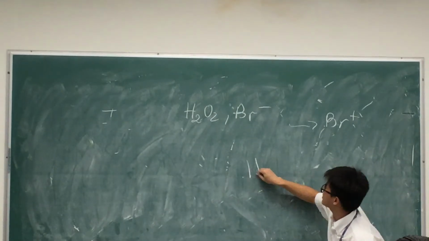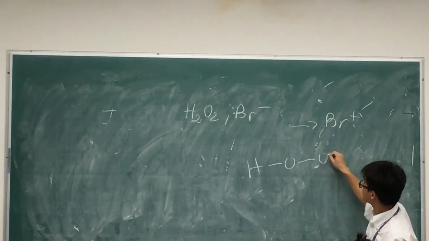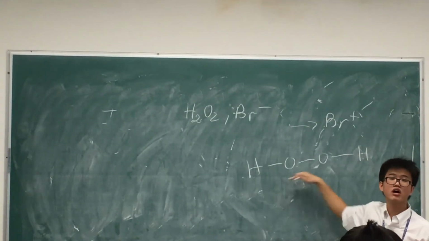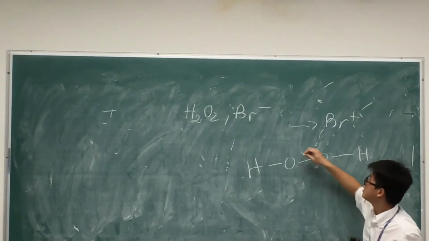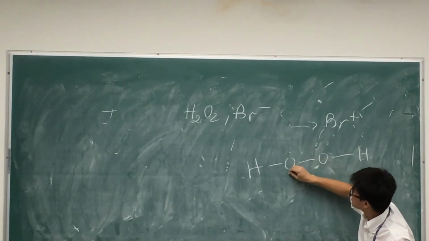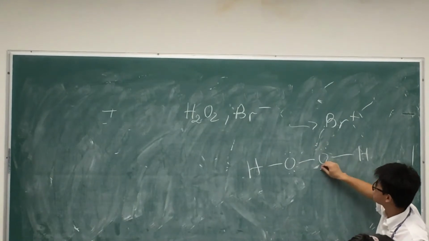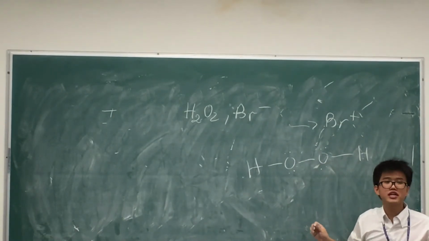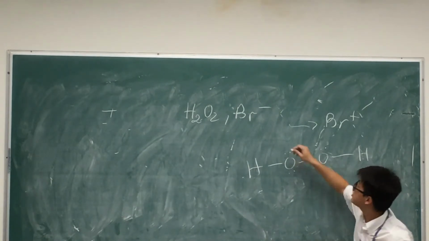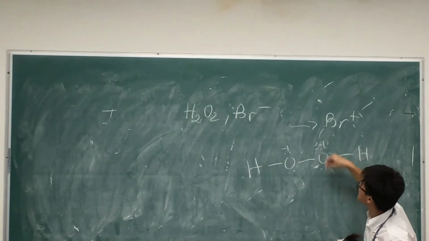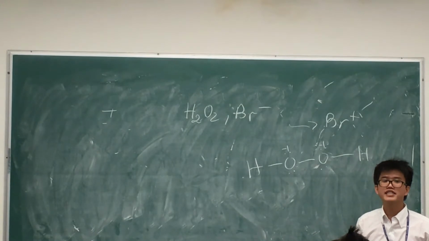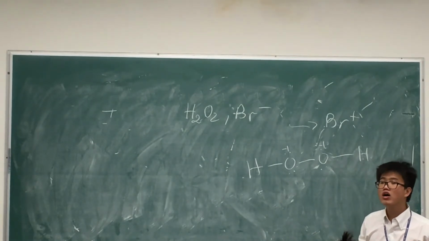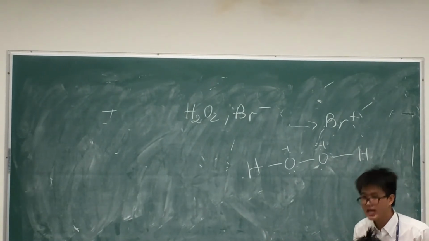And remember this structure. We call this a peroxide. The peroxide here is a high oxygen. Do you know what the redox state is? Actually, oxygen is -2, right? The redox state of this one is -1. They are really strong oxidizing reagents.